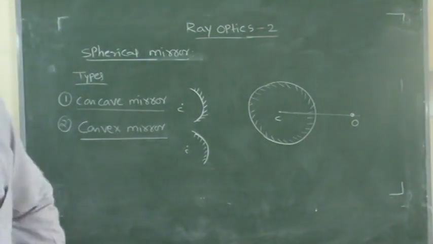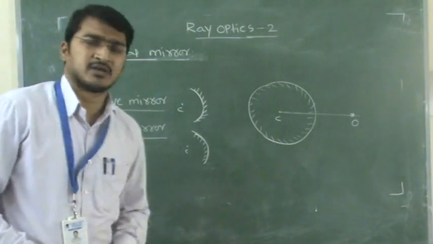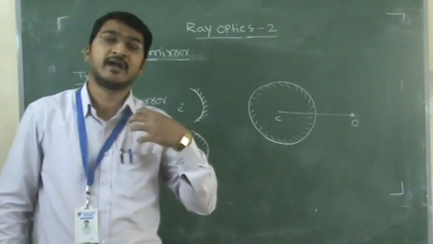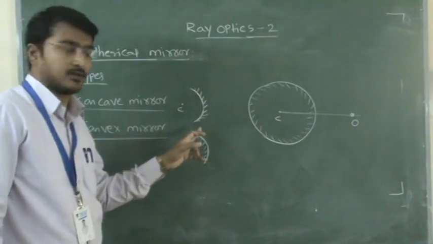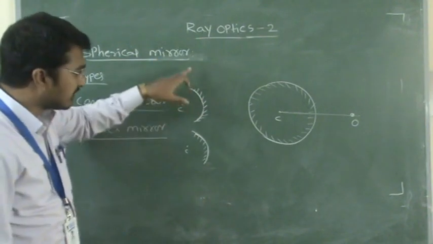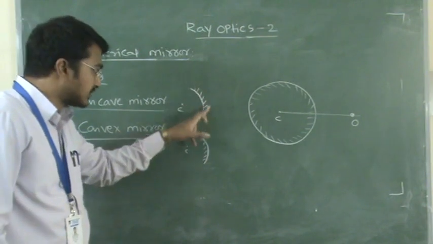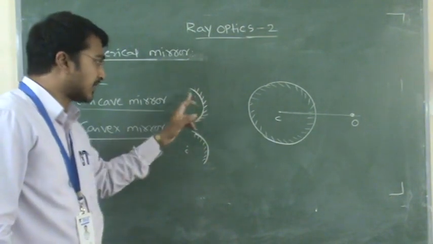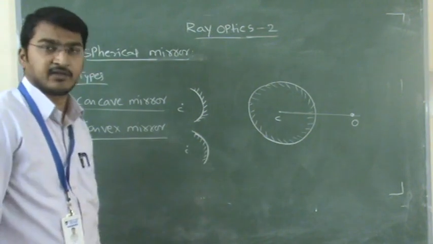These are the types. They will not ask this, but we should have an idea about these mirrors by symbols. In all cases we represent mirrors using this type of symbol. These lines represent the coating and this side is the reflecting surface.